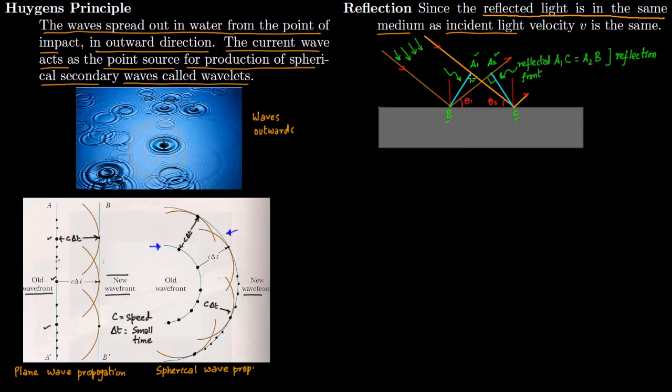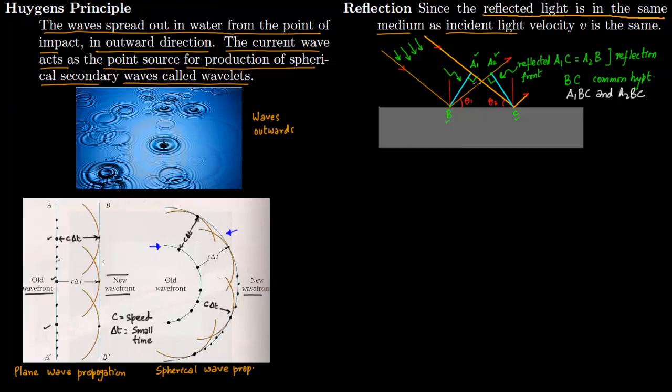So first you get reflection, you have a 90-degree angle, and BC is the common hypotenuse for both the triangles A1BC and A2BC.